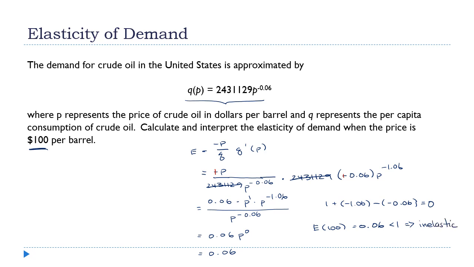In other words, the demand is resistant to changes in the price. And that's kind of what we expect from oil. Oil is used to make gas and petroleum products and so forth. It's not something that you can easily do without. It's not something for which there are a lot of substitutes. So that's good. That's the kind of number that we expected to see for this particular type of product.